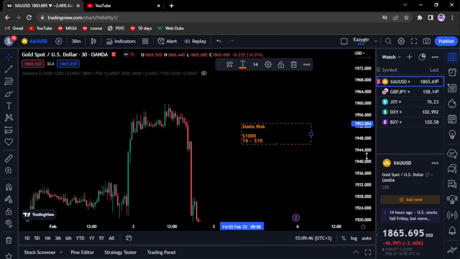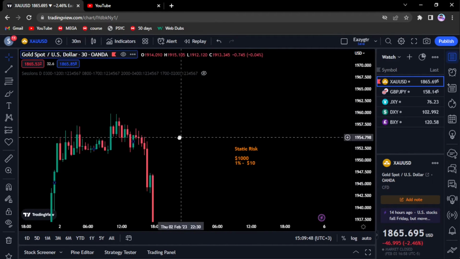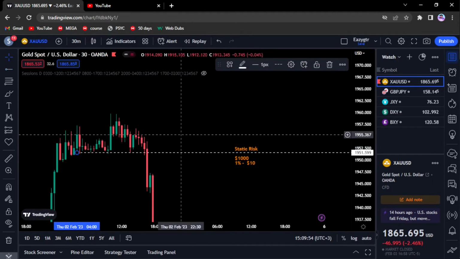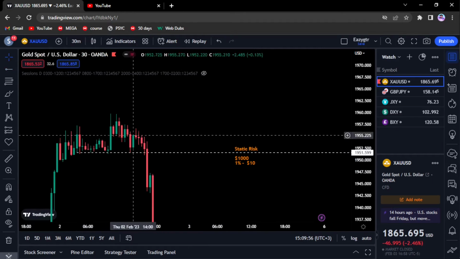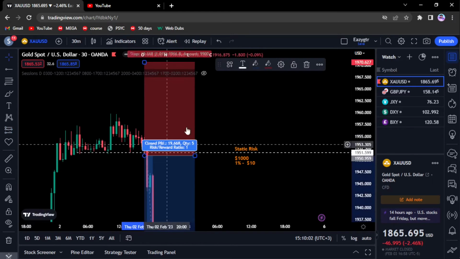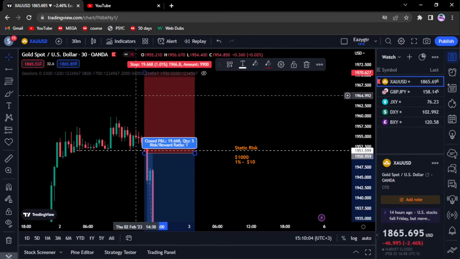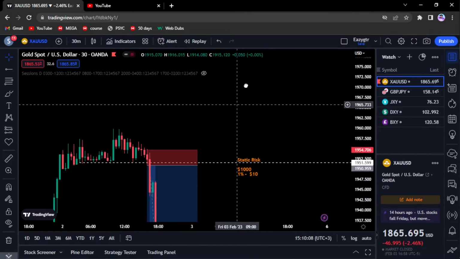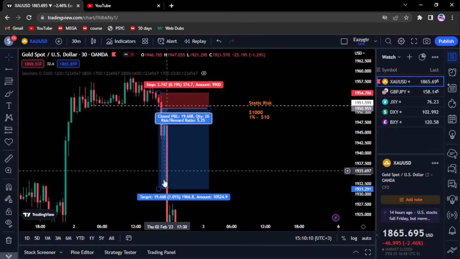Okay, so let me just take an example of a trade, not necessarily a trade anyone would take, but let me just use this as an example. Price breaks below this support and you have a short position, right? So you risk 1% of your account.